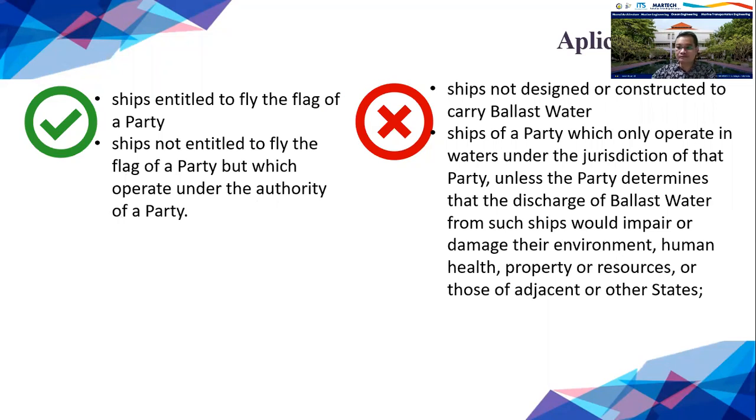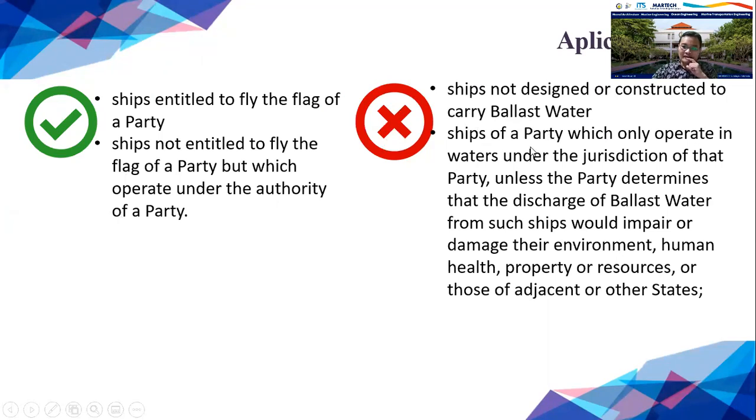Okay, and the ship is not designed or constructed to carry ballast water. So it means that if you have the cross mark here, it is not necessary to be implemented to a ship not designed or constructed to carry ballast water.